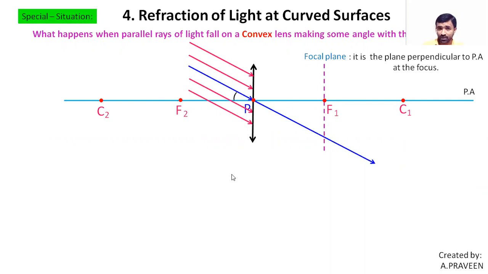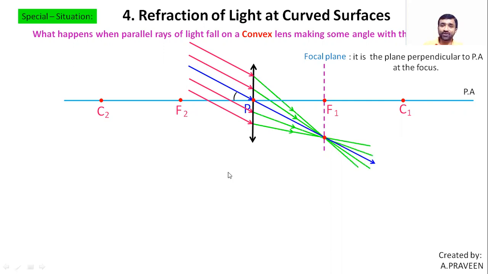Then what to do? Here I can identify that the undeviated light ray which passes through the pole or optic center meets the focal plane. That point I can identify. So this point I can now consider as the imaginary focus.